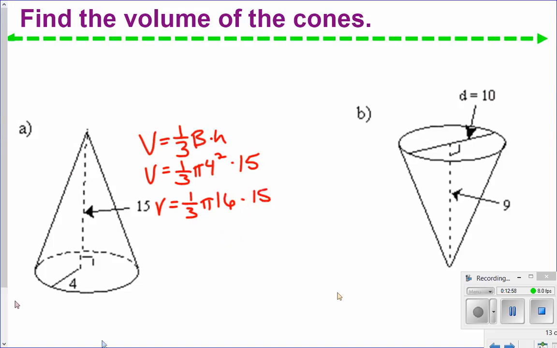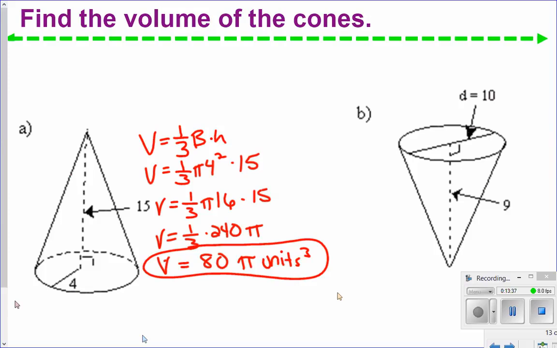We're going to take 16 times 15 times pi times 1/3. I'm going to leave pi in my answer, so just 16 times 15, which is 240 pi. I'm going to divide that by 3, which is 80. That gives me 80 pi. And I just need units here. Looks like we weren't given any, so 80 pi units cubed.